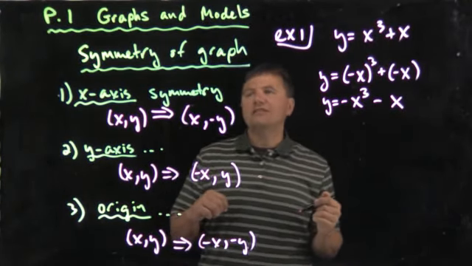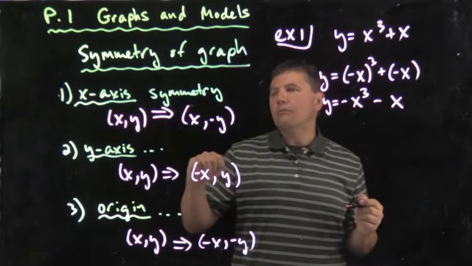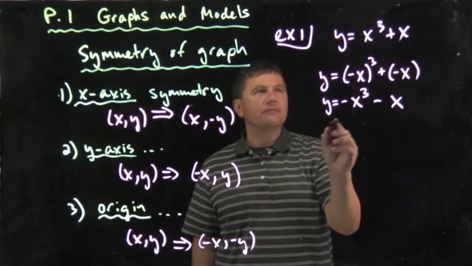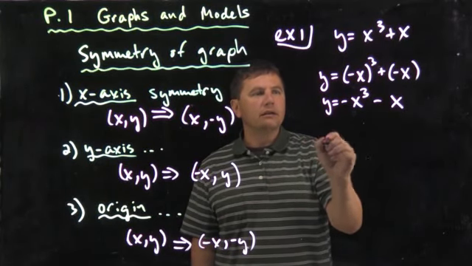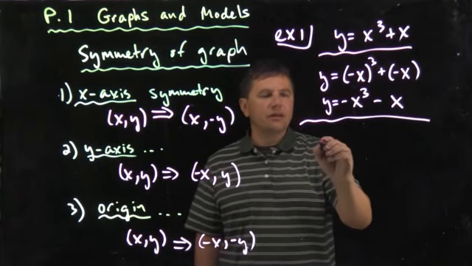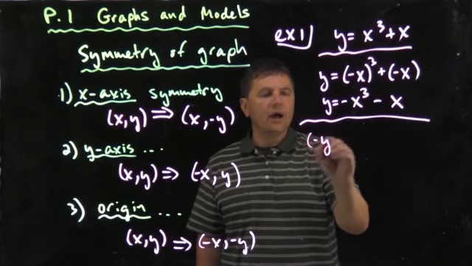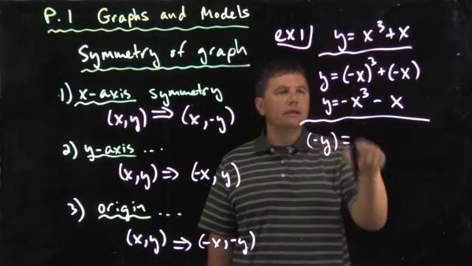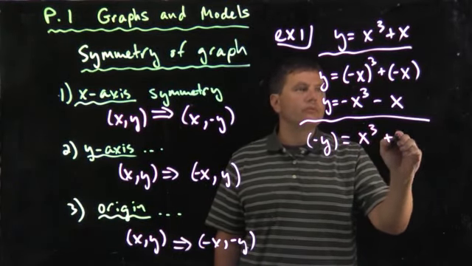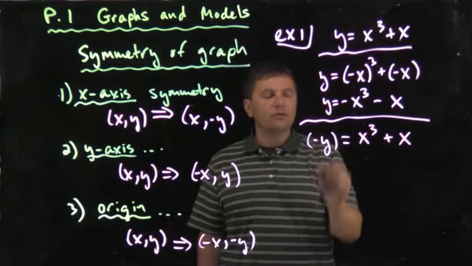So how do we test to see if we have x-axis symmetry or symmetry to the origin? In this case, we're going to plug in negative y. So the first thing I did was plug in negative x. The next thing I'm going to do is plug in negative y. Everywhere I see a y, I'm going to plug in negative y. Now I want to simplify it so it looks like the other thing.